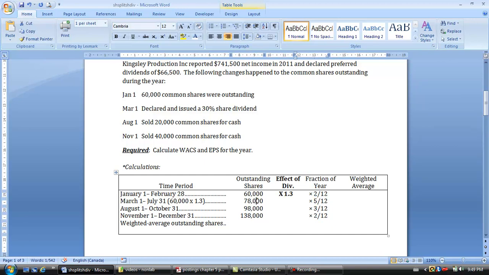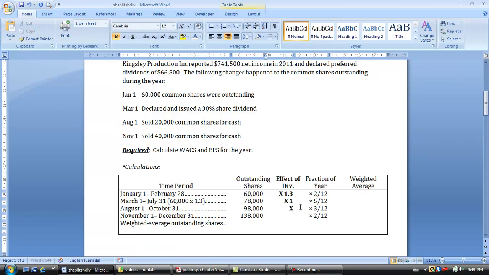Even though the dividend wasn't declared and issued until here, they're still getting the benefit of it because they were there. Now don't forget, these 78,000 shares already include the dividend. So 60,000 times 1.3, we've already got the share dividend in here, so I don't need to multiply that by 1.3. I just multiply that by 1.